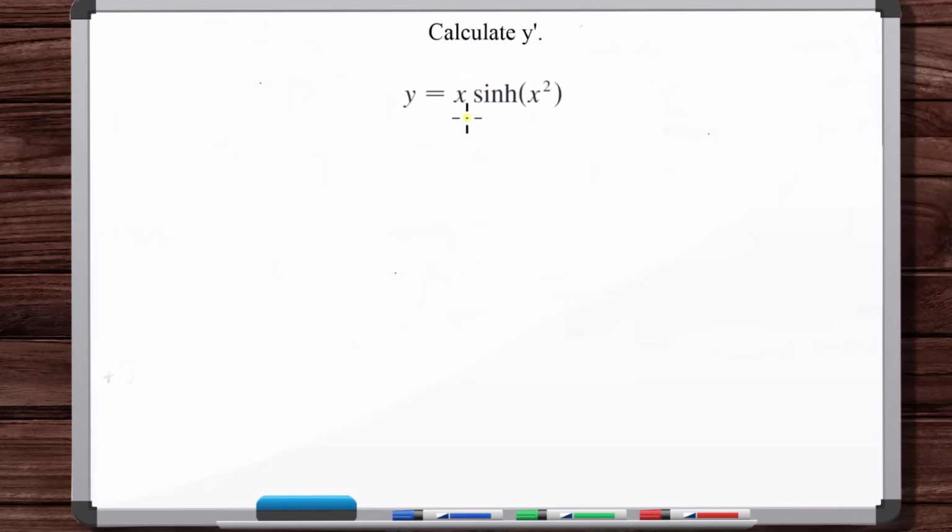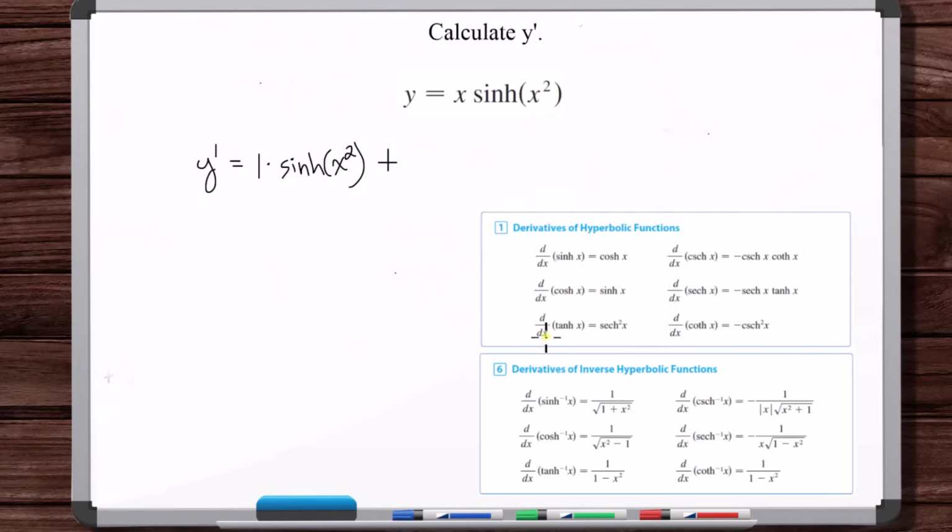Okay, we can use the product rule here. Here's one function of x, and here's another function of x. So, okay, the derivative of the first is 1 times the second, plus the derivative of the second. What is the derivative of the hyperbolic sine of something? Hyperbolic cosine.